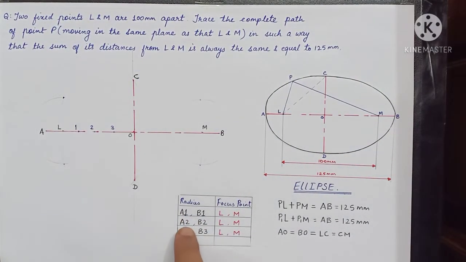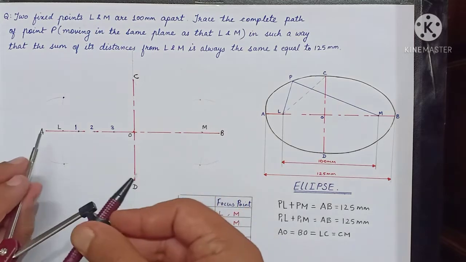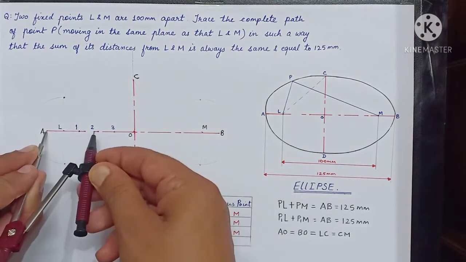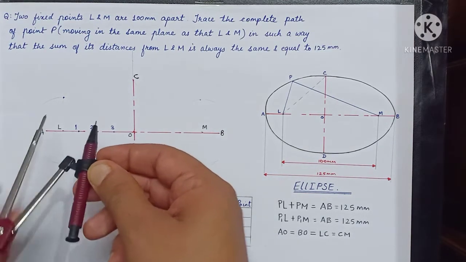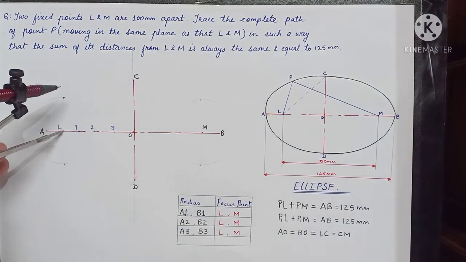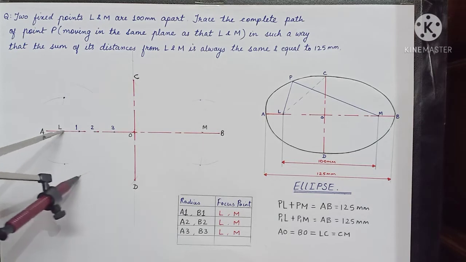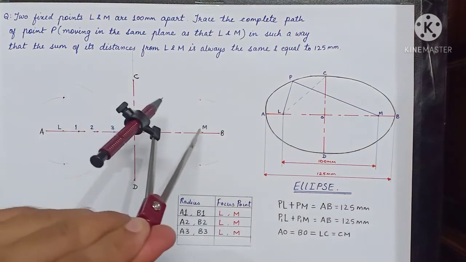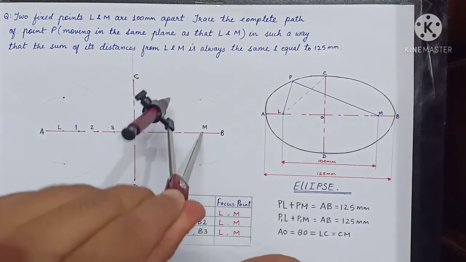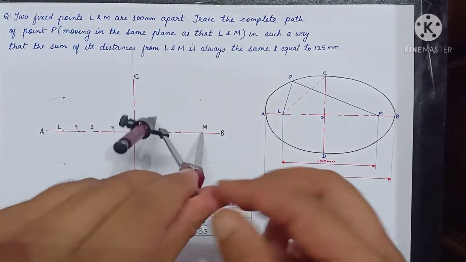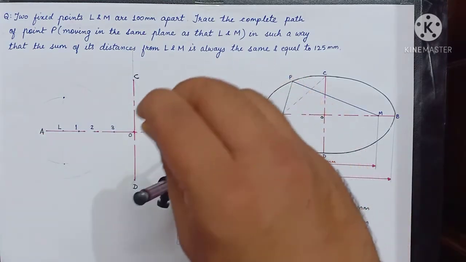Then use the next set of radius, that is first a distance from A till 2. Place it on focus point L and cut an arc above and below. Then place it on next focus point M, cut 2 arcs.